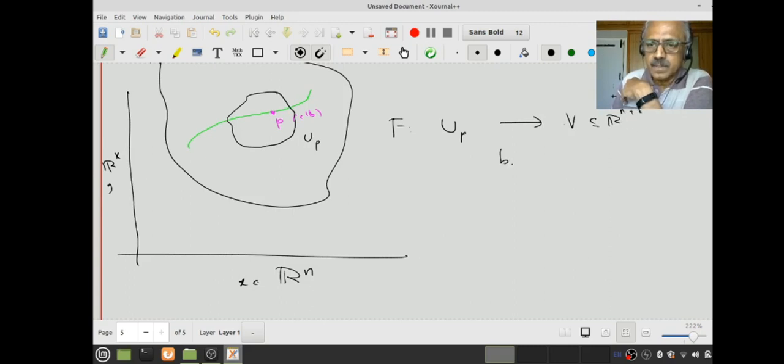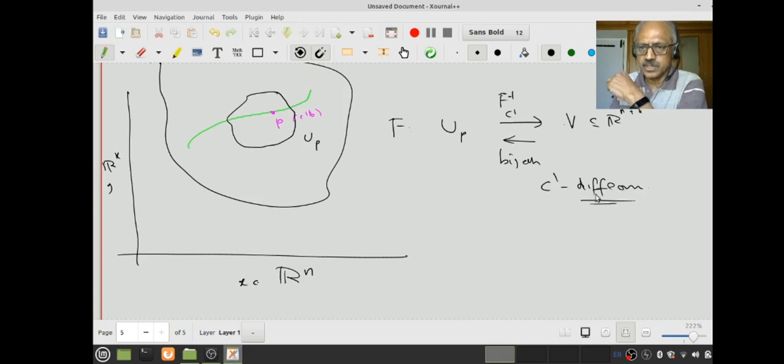This is bijective, and F inverse is also C1. So both ways, what you call a C1 diffeomorphism. Again, if you have gone through my inverse function theorem, you know all these words. Therefore F as well as F inverse are C1. This is open here.